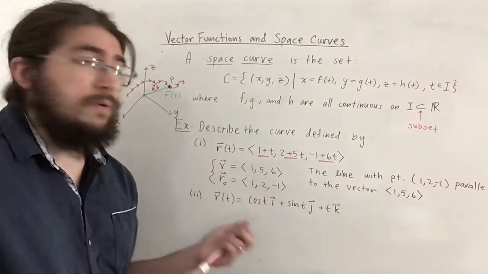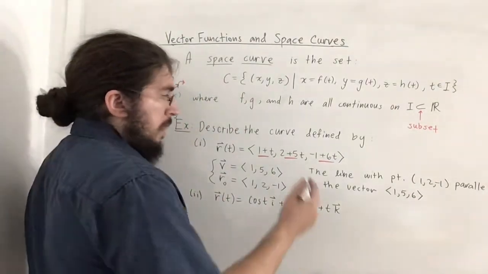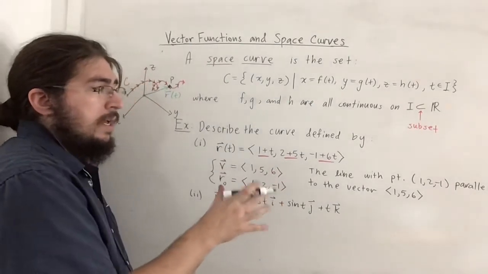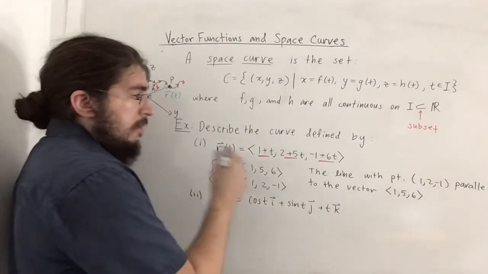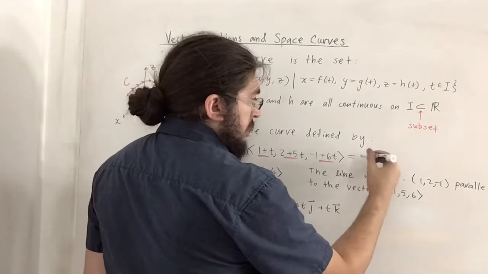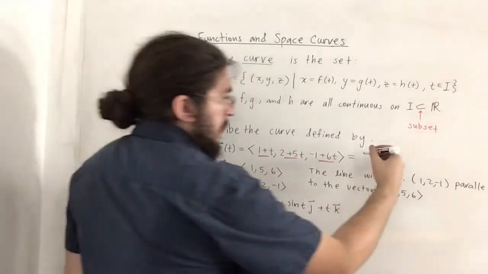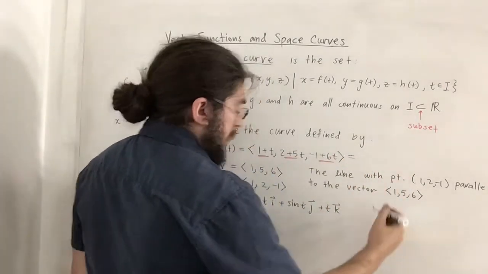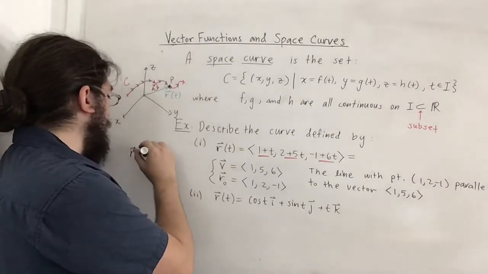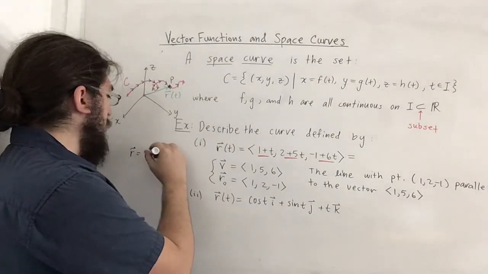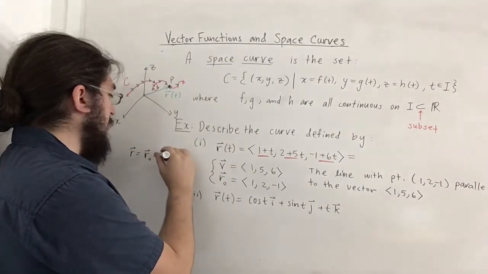And if you remember from that section, we said that we're able to represent any line as a vector equation, r of t equals r naught plus t times v.